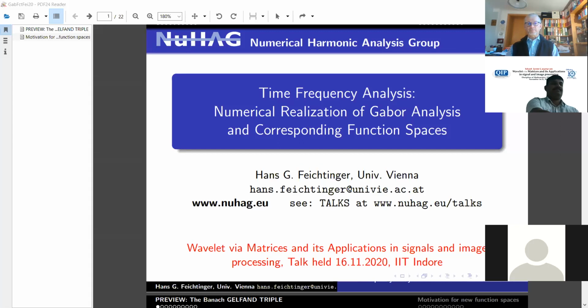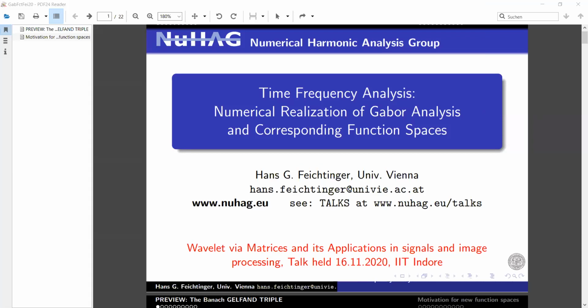And on the other hand, S0 is inside of this universe. Now, the idea of mathematics is, of course, not to make things more and more complicated, but to allow things to get more simple. So for me, the ideal world is the Banach Gelfand triple with this setting.